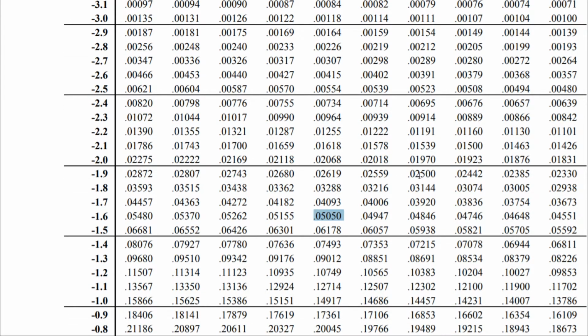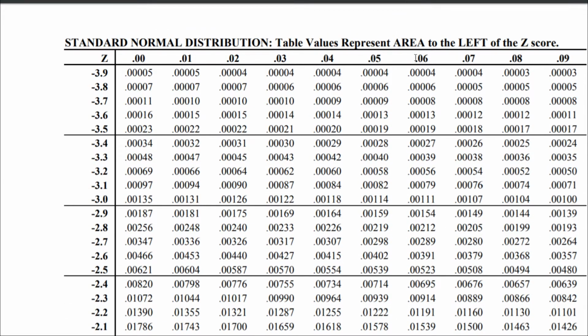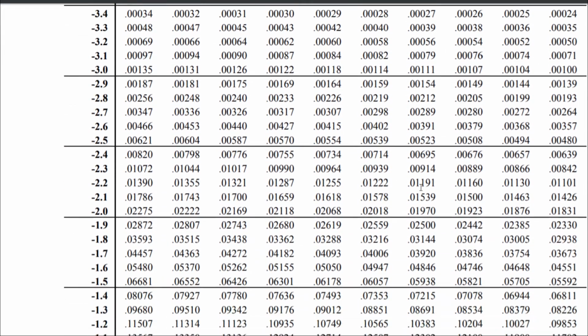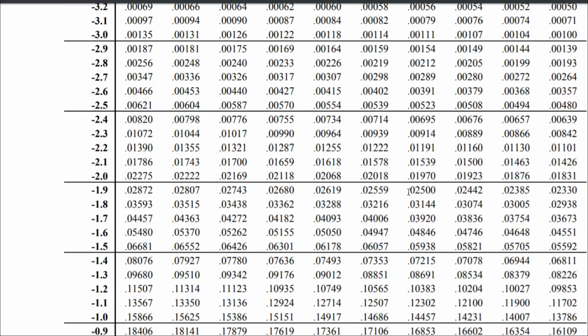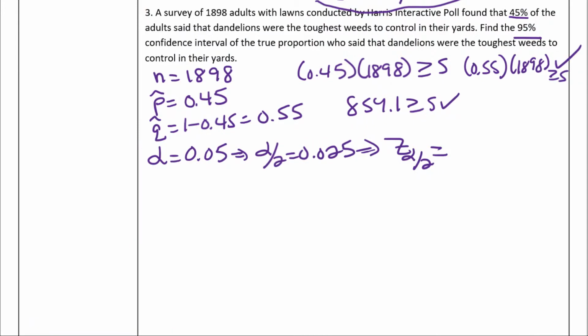We have 0.025, which is 1.96, and that's for 0.025. And we can go ahead and plug it in. Remember, that's our formula.